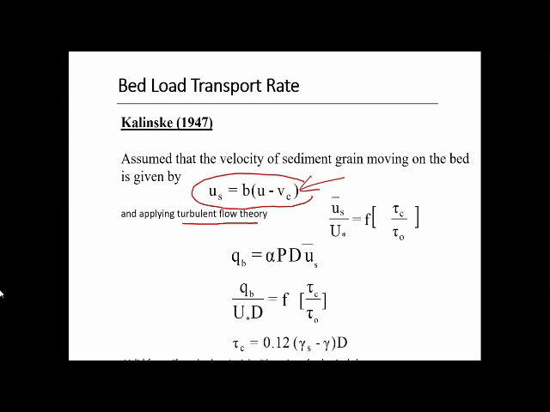And then you have u, the instantaneous velocity, and then you have u c, which is your critical velocity parameter. If you apply the turbulent flow velocity theory, he said that the average velocity divided by the shear velocity is a function of this shear stress.